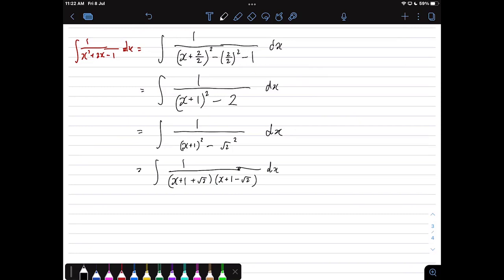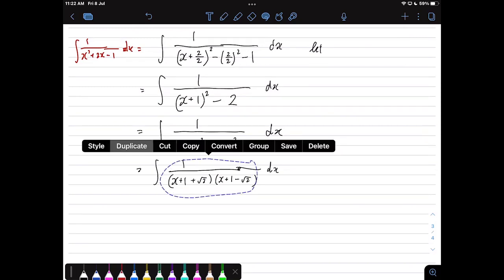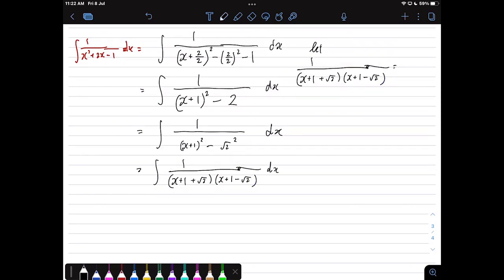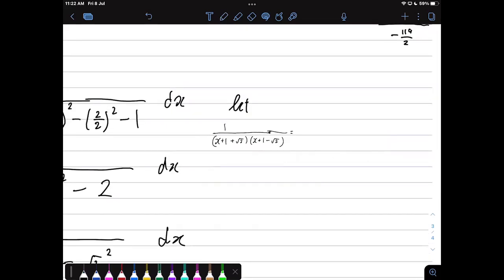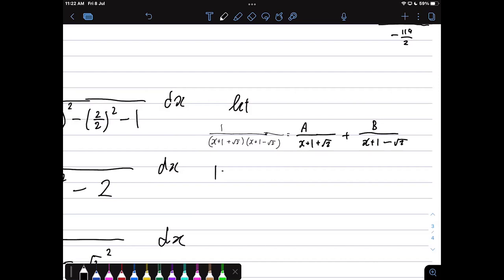Then we're going to let it equal a over x plus 1 plus square root 2 plus b over x plus 1 minus square root 2. These are distinct linear factors. Okay, so you just multiply both sides by the denominator. You get 1 equals a times the minus version plus b times the plus version.